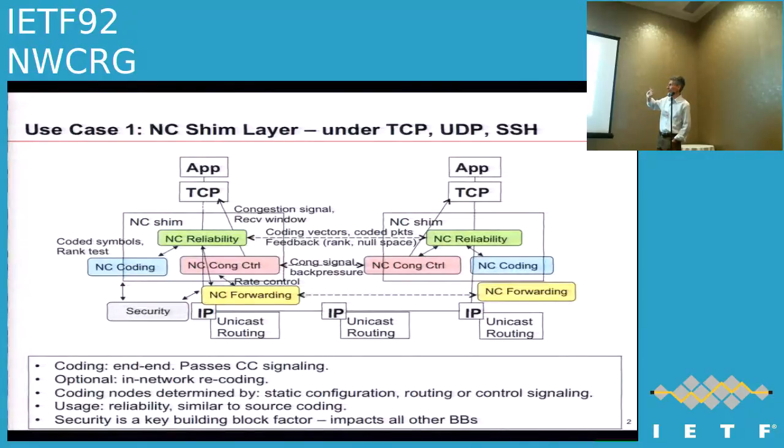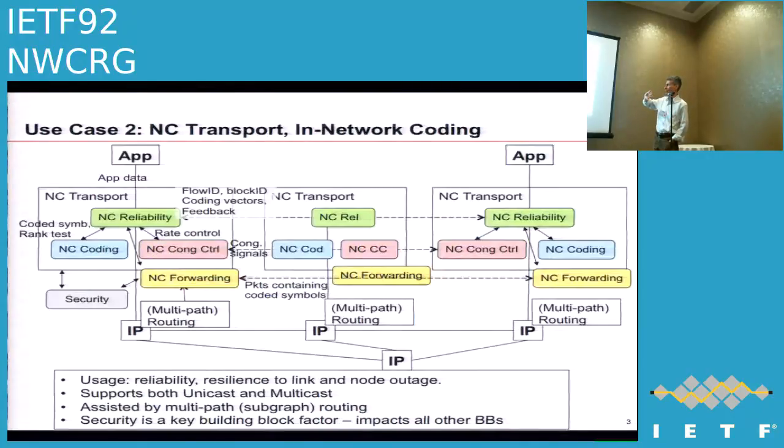If you go to the next slide, you can see this use case is more like the complement of it, which is a transport. There is no other protocol between it and the application. It is an in-network coding as well. So these two are quite different applications.